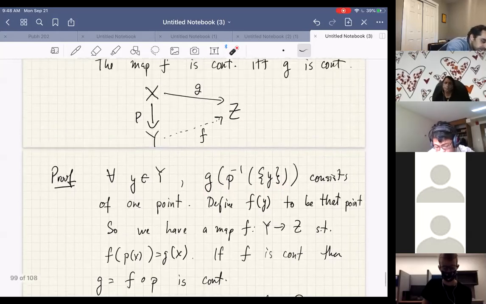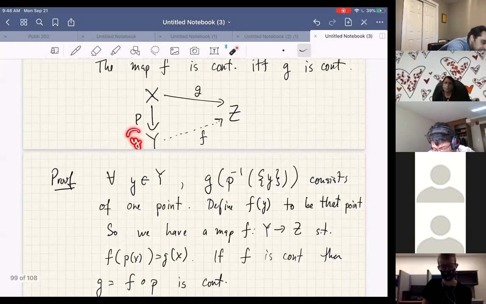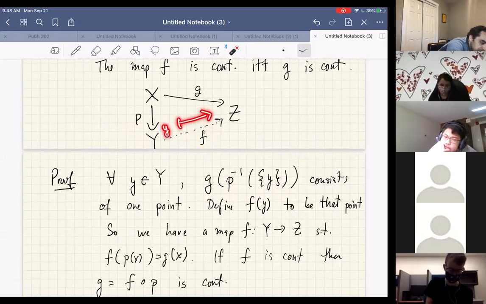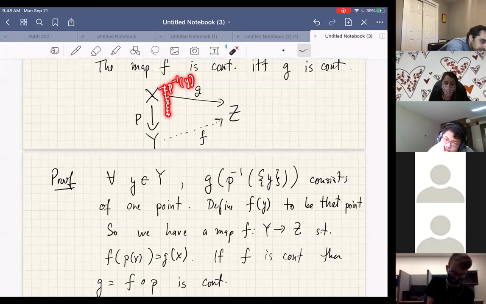So if I have y here, where do I want to define F, right? My claim is that given the assumptions, there exists an induced map F. So given y here, where do I send it? Well, I look at the inverse image of y here, and I know G sends all those points to the same point in Z, right?